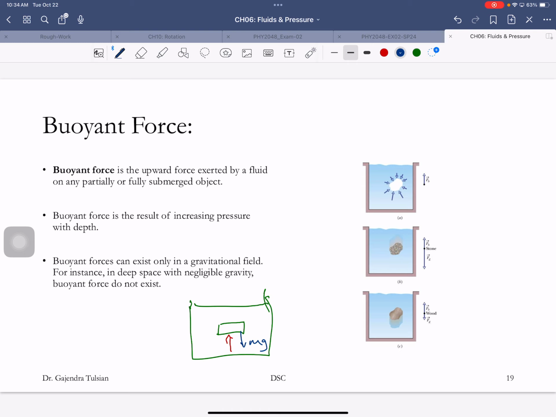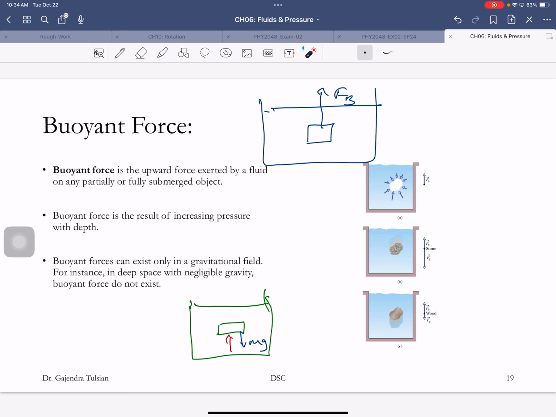All right, this upward force exerted by the fluid is called the buoyant force. Whenever you immerse an object in a fluid, you feel an upward force, which is called the buoyant force. And Mr. Archimedes told us exactly how large this buoyant force will be.